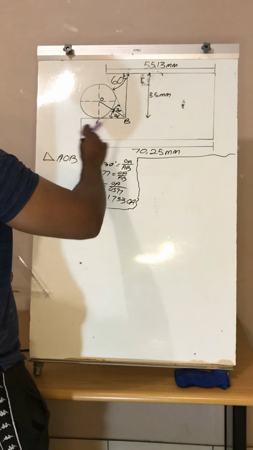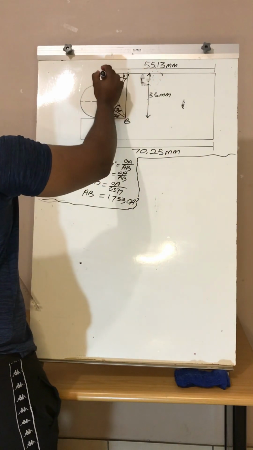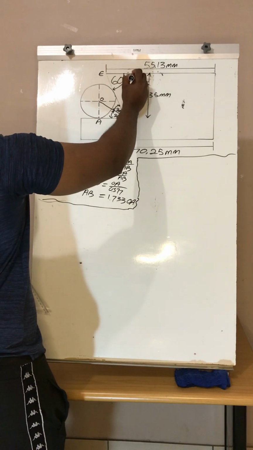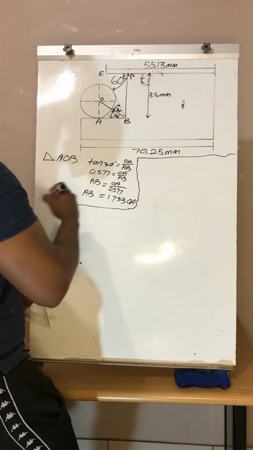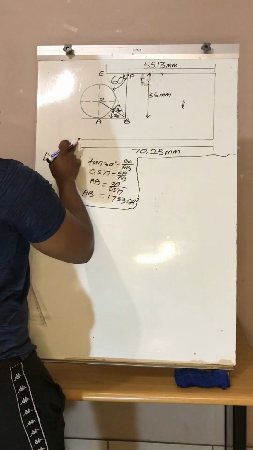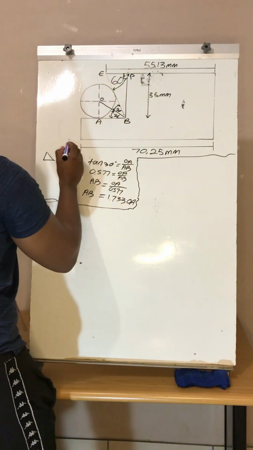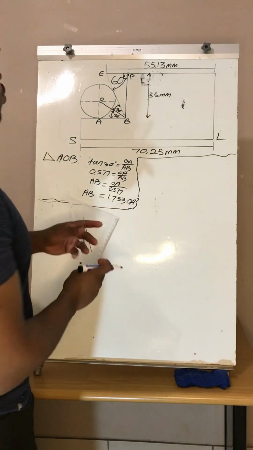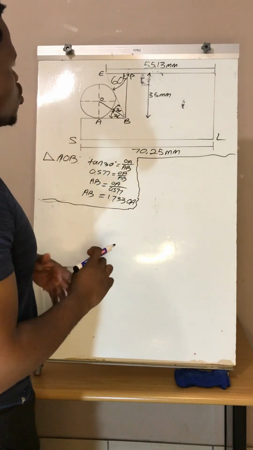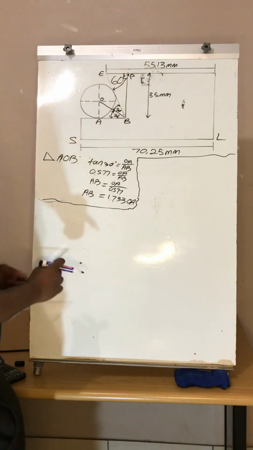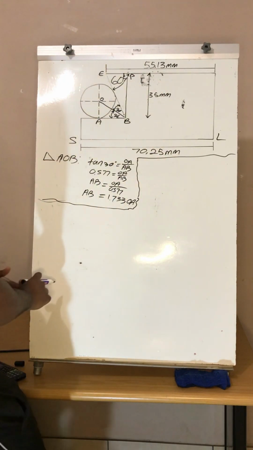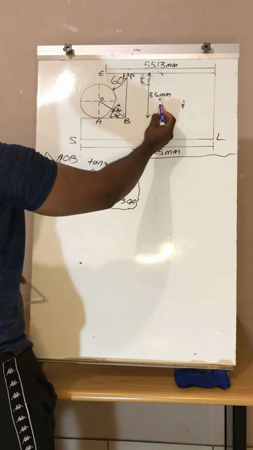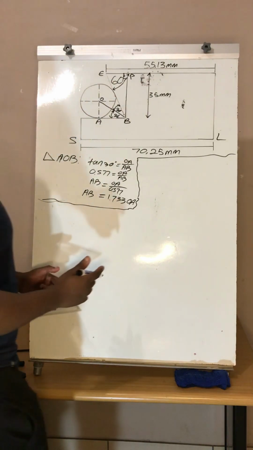Okay, let's firstly label our points. This is B, let's call this E, and let's call this P. And from this point to there, we can call it point S and point L. We know that PB is 35 millimeters.